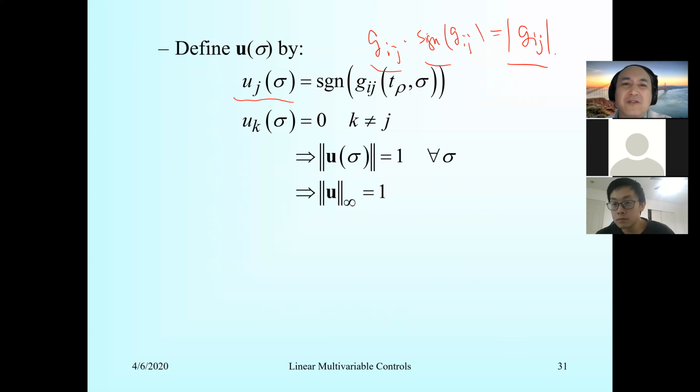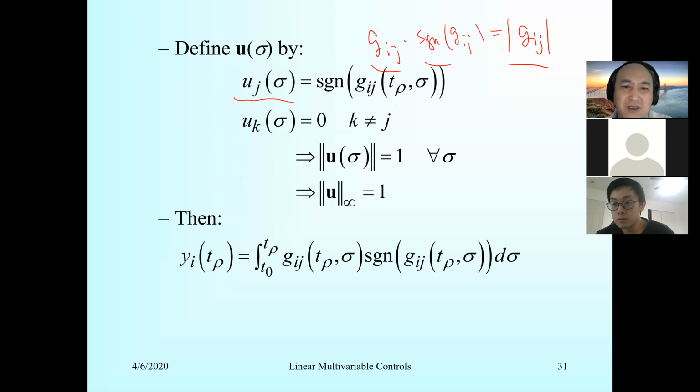Therefore, for all sigma, we can make the U sigma 1, because if you take the absolute value, the sign will always give you 1. So in other words, you end up with, at the t rho side, y_i will give you, this is my G_ij, and this is my U_j.